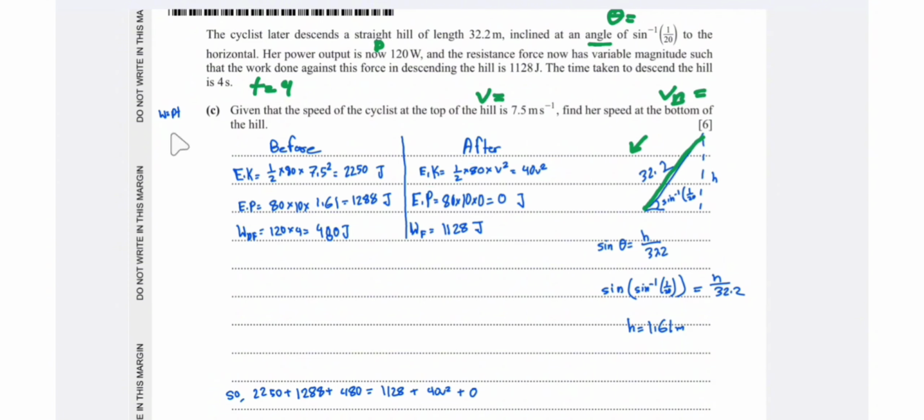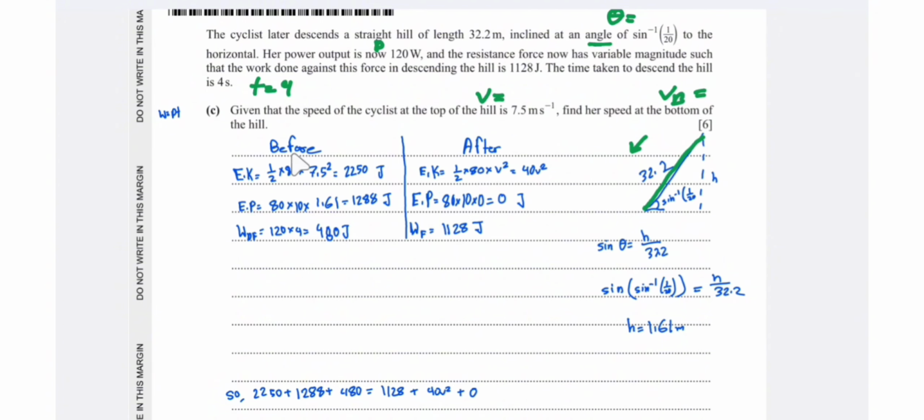So you must remember these three things. So for before, we have kinetic energy, gravitational potential energy, and work done by driving force. And after we have kinetic energy, then gravitational potential energy, and work done against friction, or work done against resistance.